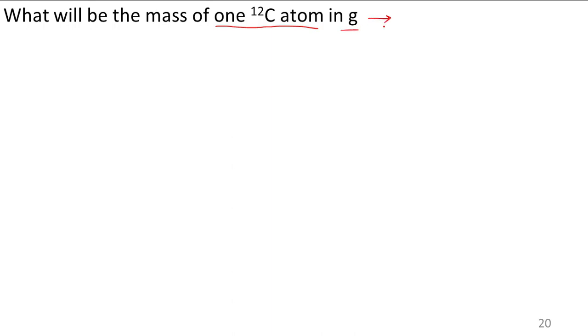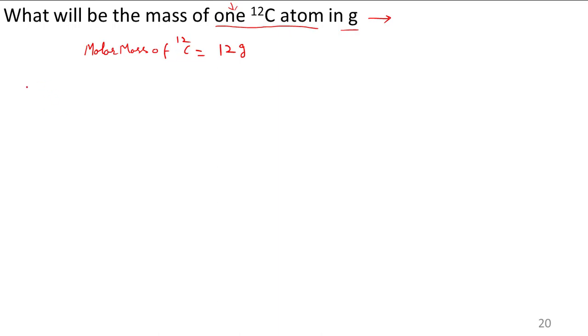Now this numerical we can do by two ways. Let us see. We have to calculate the mass of one carbon-12 atom. Now molar mass of carbon is 12 gram. Unit of molar mass is gram. Now what is the meaning of molar mass?